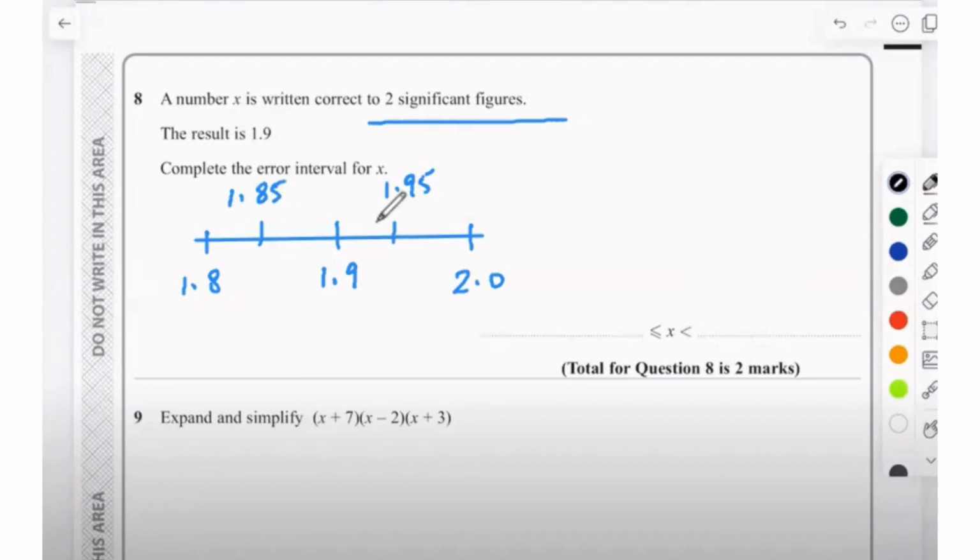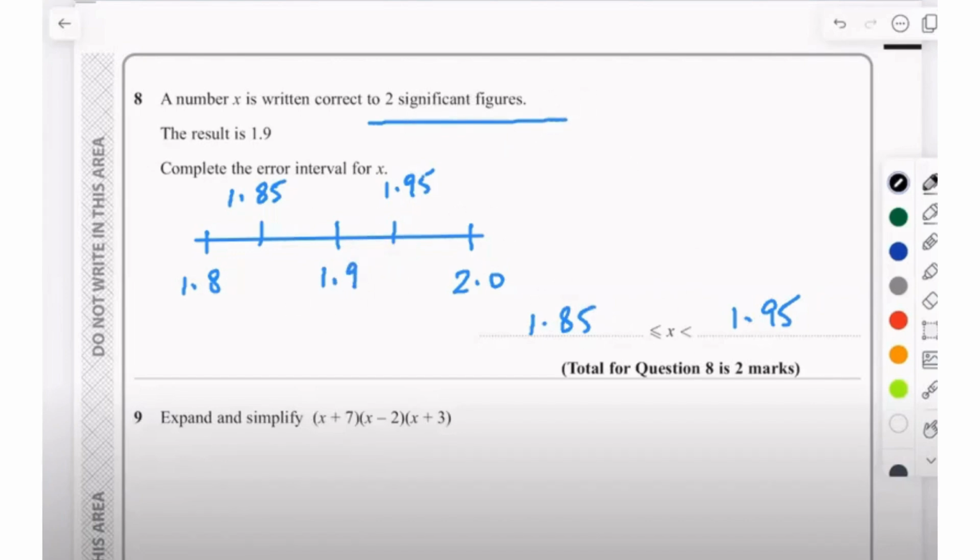So that means we're using the number less than 1.95, which is basically 1.94. Hence, the lower limit is going to be 1.85 and the upper limit is going to be 1.94. Because 1.85 written correct to two significant figures is 1.9, and a number less than 1.95, which is 1.94, written correct to two significant figures is also going to be 1.9.